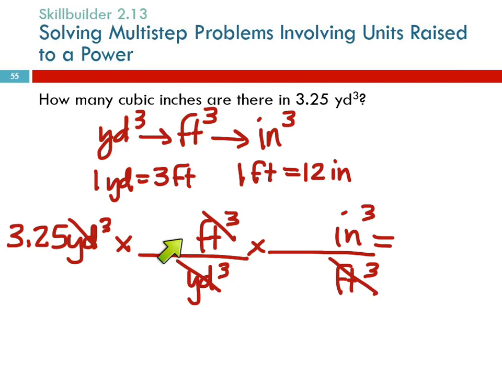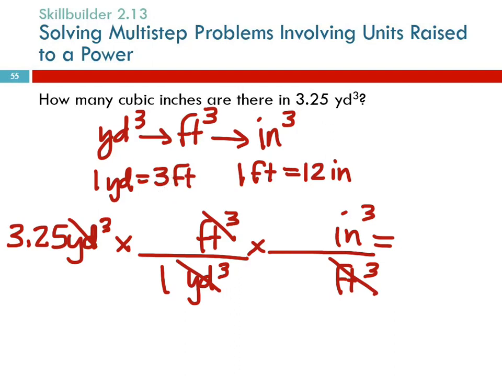So let's look at feet to cubic yards. This relationship is 1 yard equals 3 feet. What we're looking for here is cubic feet and cubic yards. It's this relationship, but it has to be cubed. 1 cubed is still 1. What's 3 cubed? 27.